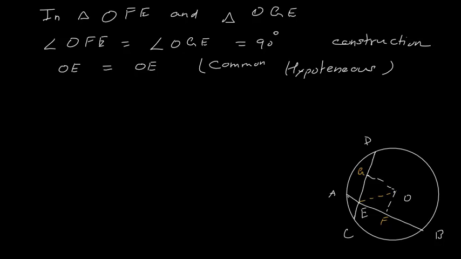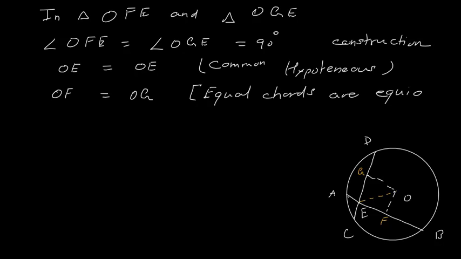And third, OF is equal to OG, because equal chords are equidistant from the center.